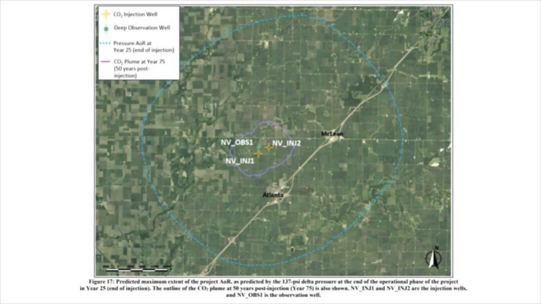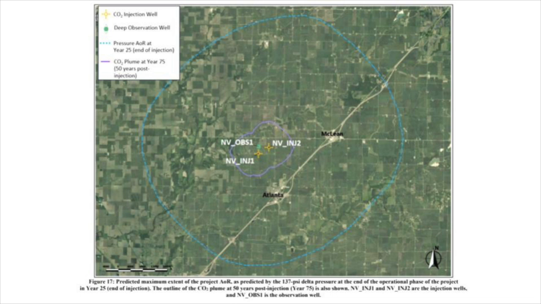When they put the CO2 down in the ground, they have to displace the saline that's already taking that space. So they have to displace the saline sideways, and that creates a pressure front, because you're putting that saline under additional pressure. And the boundaries of that pressure front are the AOR boundary that they calculate.